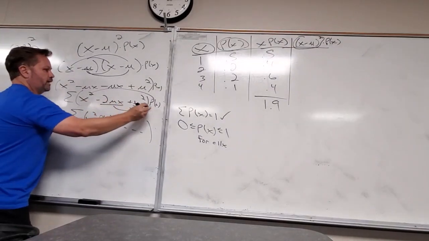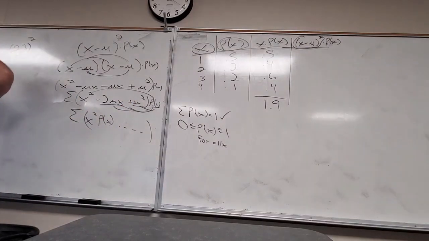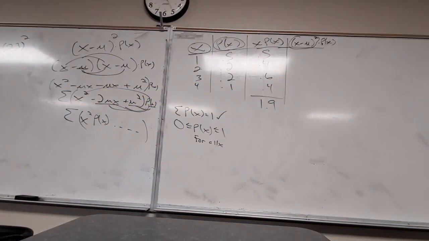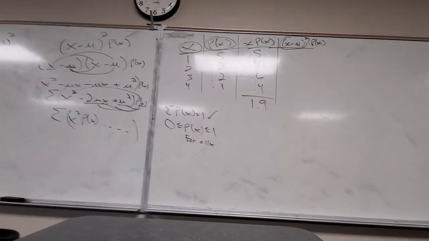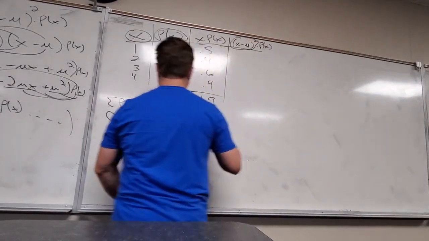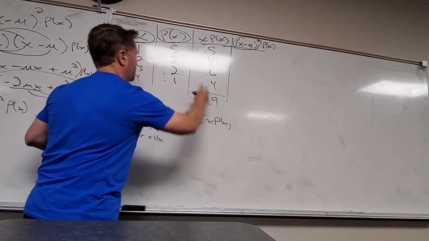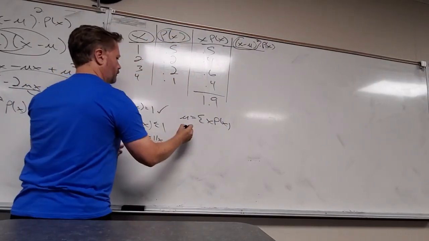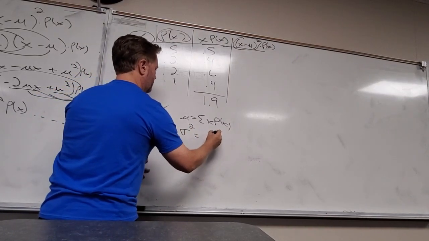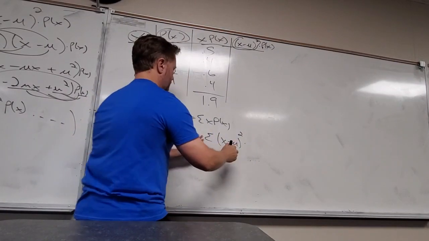All this other stuff I get, when I foil this through, if you work with it, you actually get something kind of unexpected. Here's the formula you get. The formula for the mean is the sum of x p of x. That one's nice, right? The formula for the variance is going to be this. Well, it starts off as that.